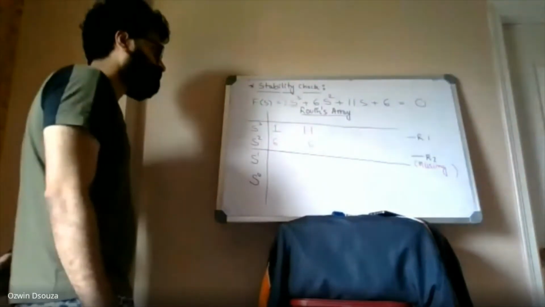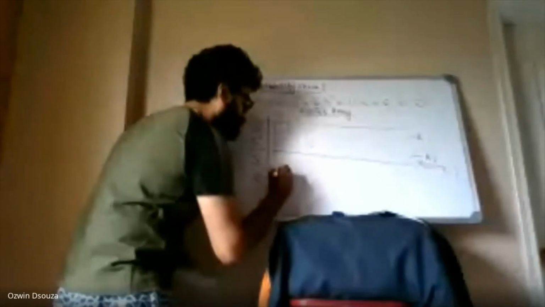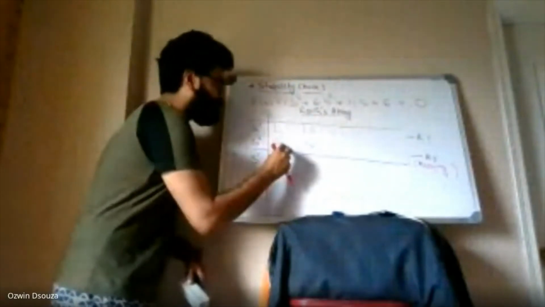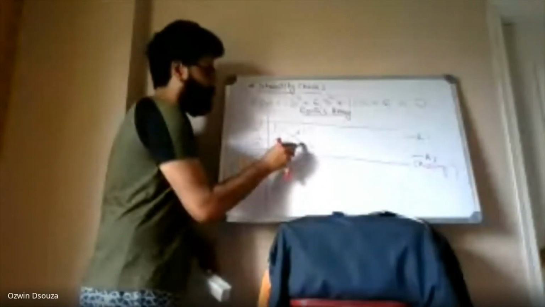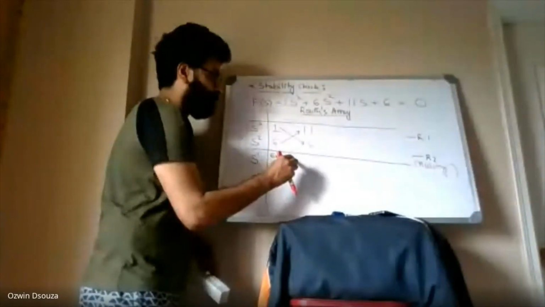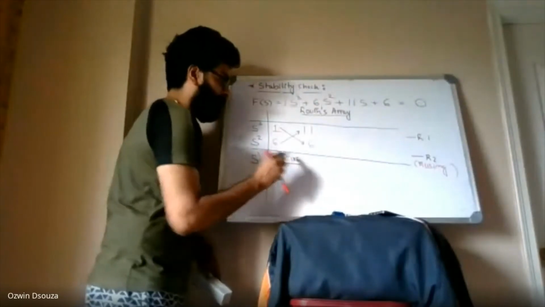Now you can start finding the element of the s to the power 1 row. How will you find it? I have given you the technique, right? Multiply 6 with 11, 6 into 11, minus 1 into 6, divided by 6.